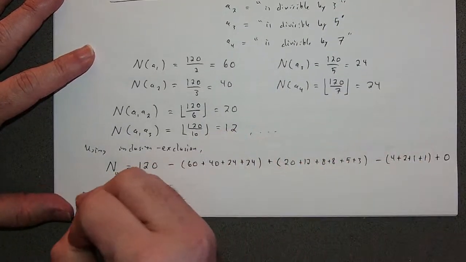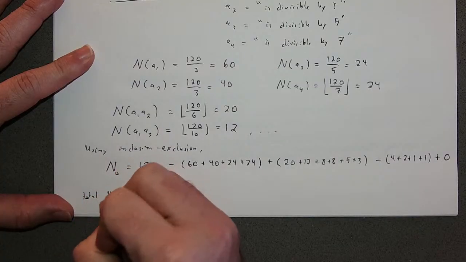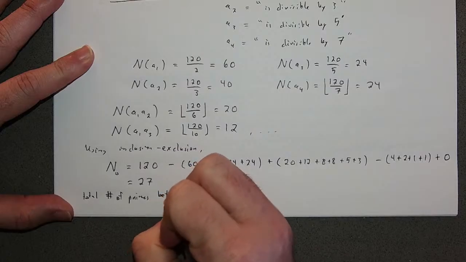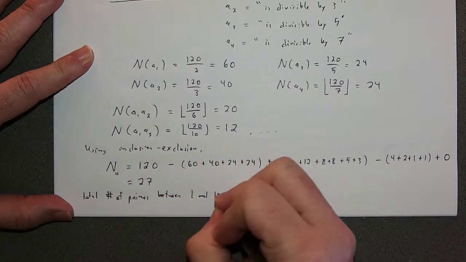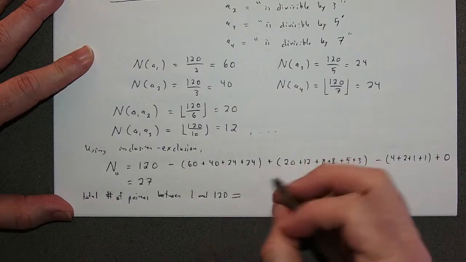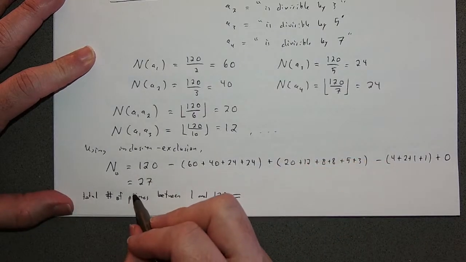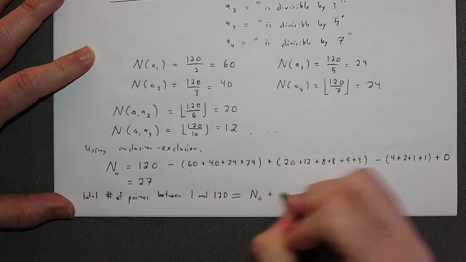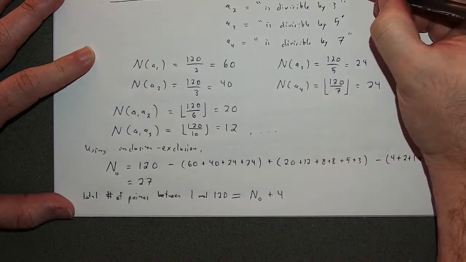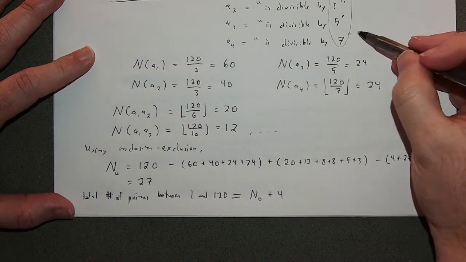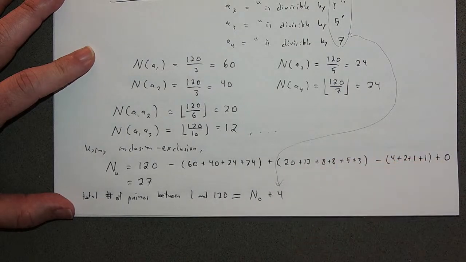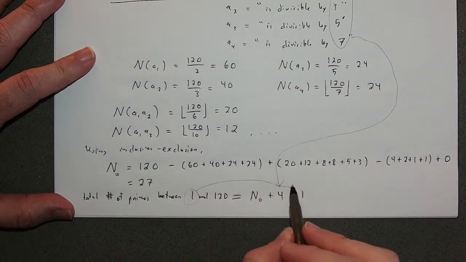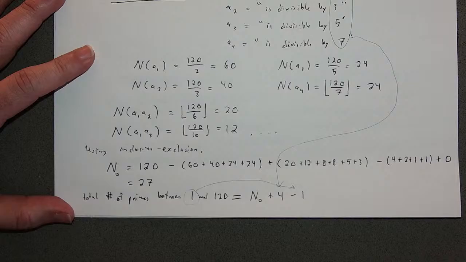So the total number of primes between 1 and 120 is equal to this n naught that we have computed, plus 4 that adds in the primes 2, 3, 5, and 7 that we had excluded, and minus 1 to get rid of 1, because 1 is included in this count and we don't want it to be.